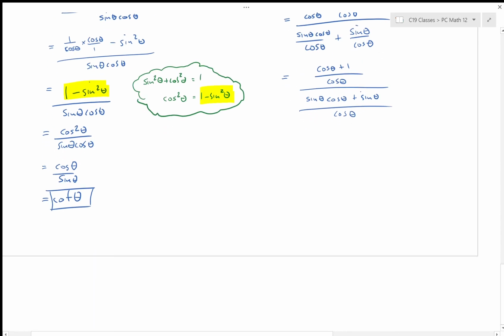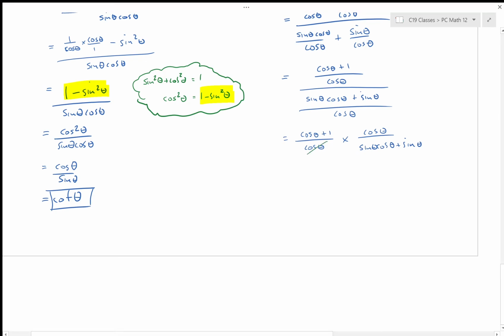Okay, now that I've got them over single fraction bars, I've simplified the numerator so it's a single fraction bar. I've simplified the denominator so it's a single fraction bar. Now I can multiply by the reciprocal. So I can go cosine theta plus 1 over cosine theta multiplied by cosine theta over sine theta cosine theta plus sine theta.